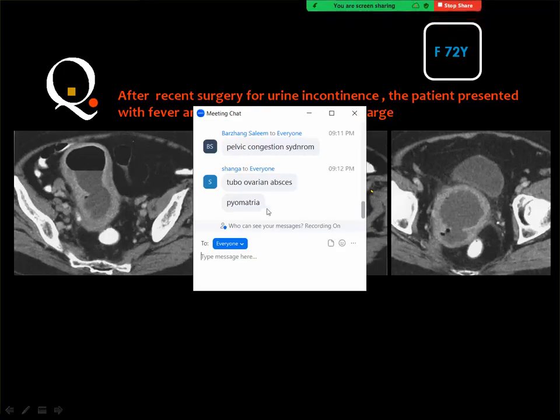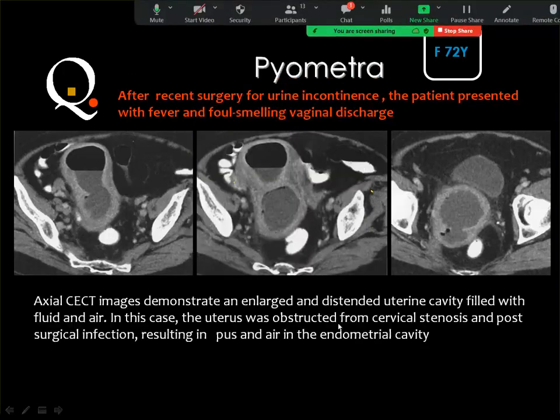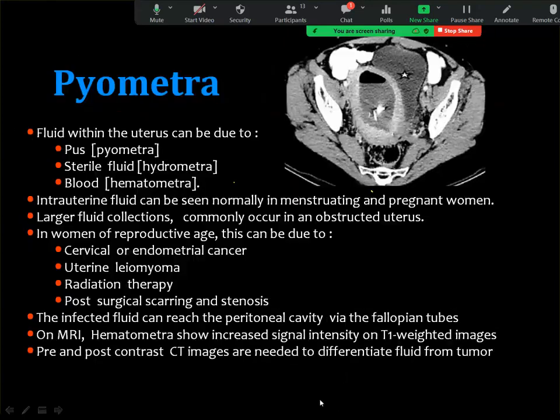Yes, the right answer is pyometria, and this is actually infection of the uterine cavity. It looks as if the uterus itself became an abscess. It contains pus and also some air fluid level with thick enhancing margin and some stranding of the surrounding fat.